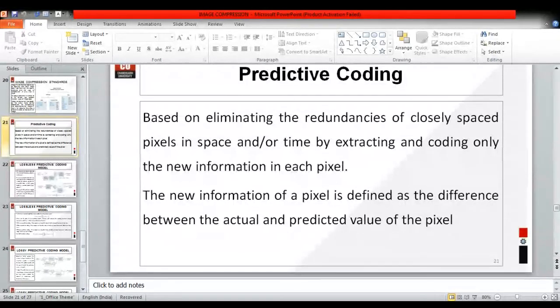So the last topic left in image compression is predictive coding and the two models used for lossy and lossless compression. We'll cover that part a little bit today, in the time that we have, and in detail we'll discuss it in our next lecture.